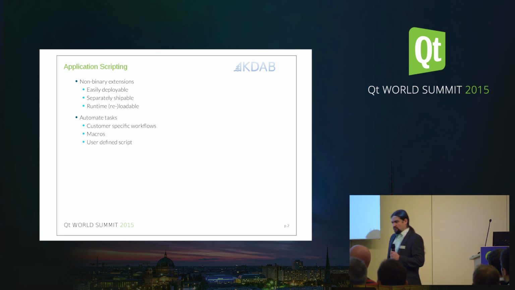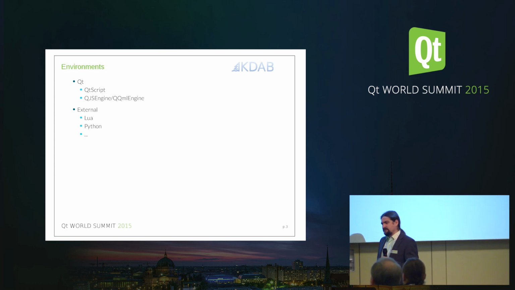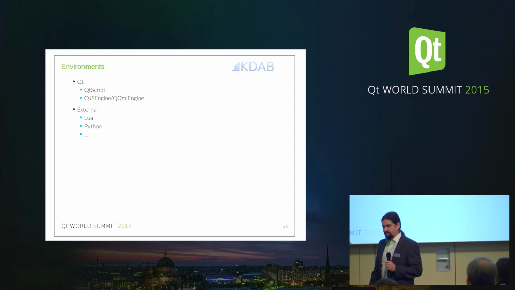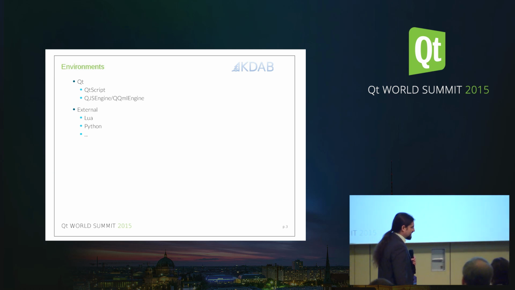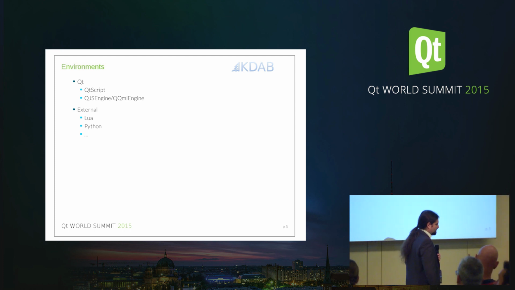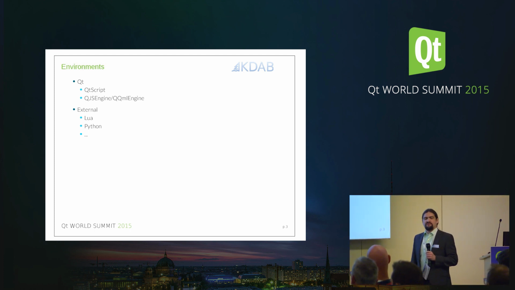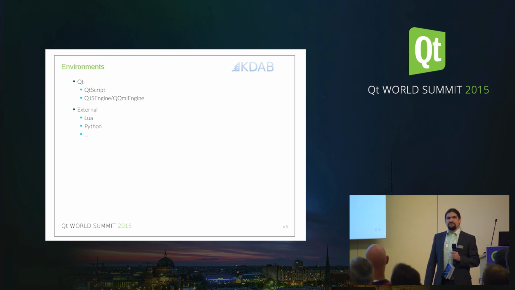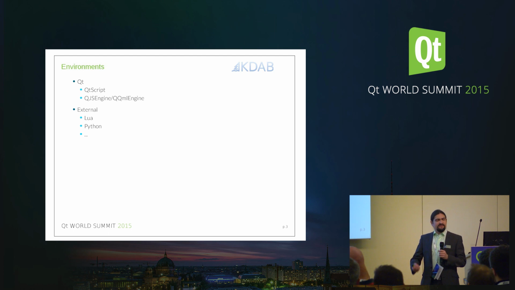Okay, just as an overview, we have a couple of options here. Qt comes with a couple of script engines itself. There is the now deprecated QtScript, but I'd say it's still one of the most complete solutions that we have in Qt. It has been with us for the whole Qt 4 series, has been extended, and there is tooling around it.